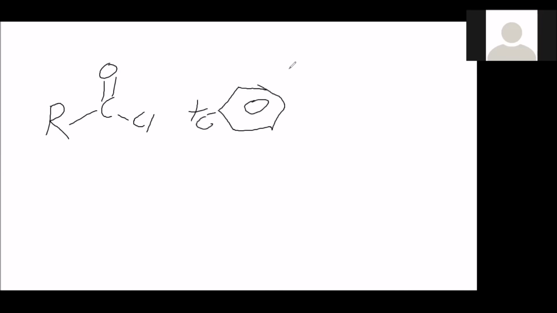That was one of the most recent ones we talked about, where we took some sort of acid chloride and some sort of activated benzene group, in the presence of aluminum trichloride and then water.